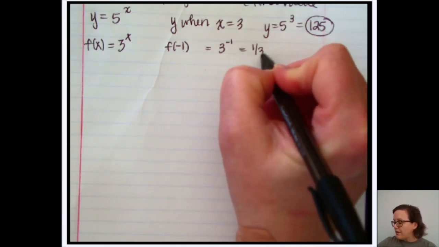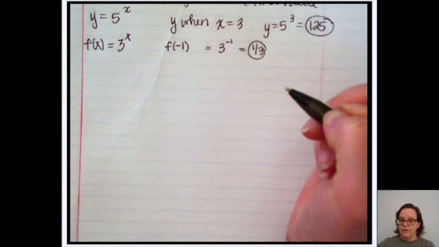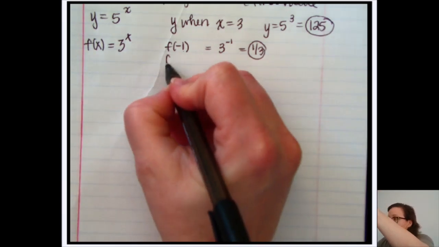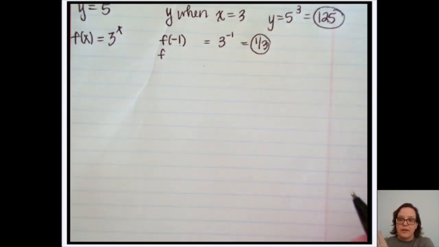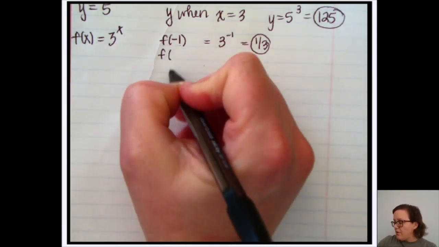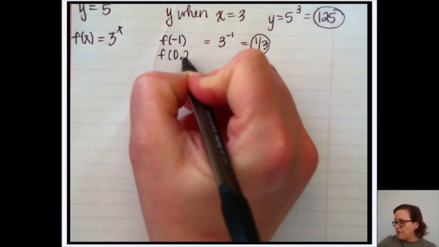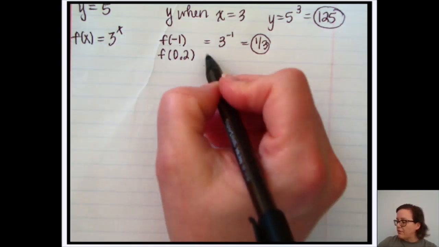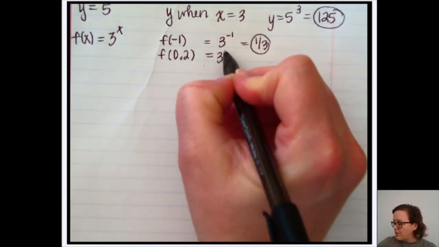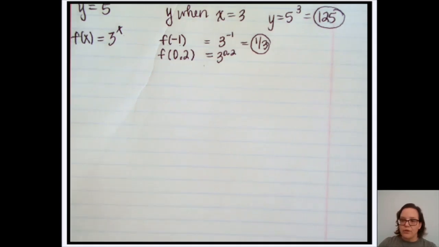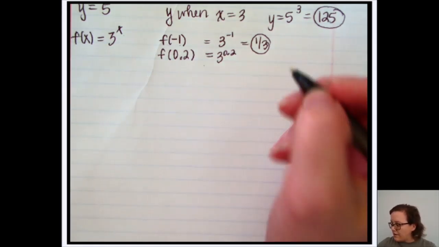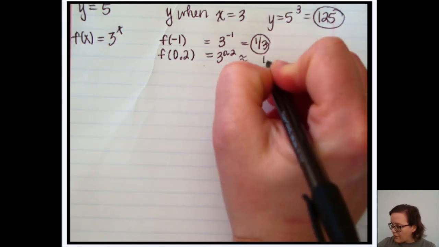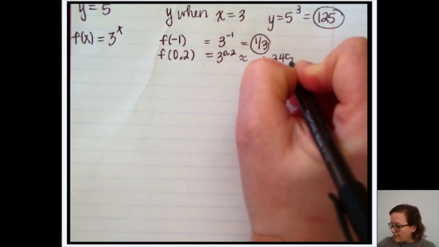So this becomes 1/3. We could use that same problem and do f of about 0.2. It's perfectly fine to put decimals into an exponential. So 3 to the 0.2. Here I would want to use my calculator. So we get approximately 1.2457.